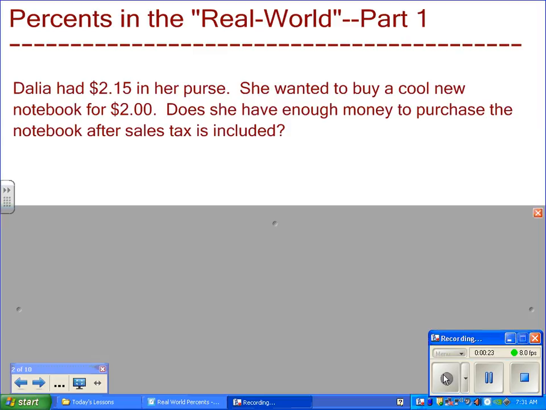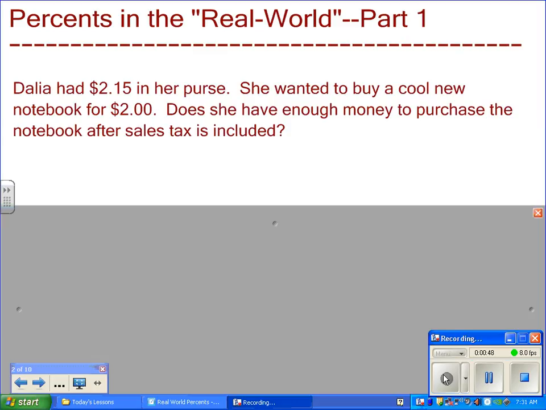So anytime you go to get your oil changed or at a restaurant, you're charged tax. When you purchase clothes or any other products, you are charged sales tax. Now, typically, sales tax is not applied to food or certain types of beverages.